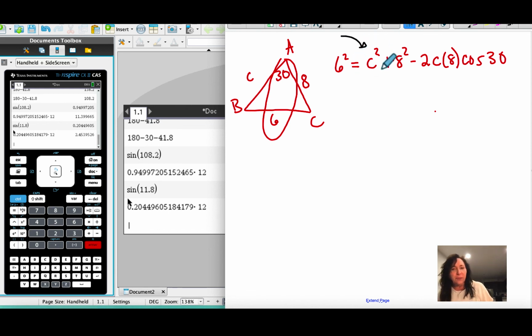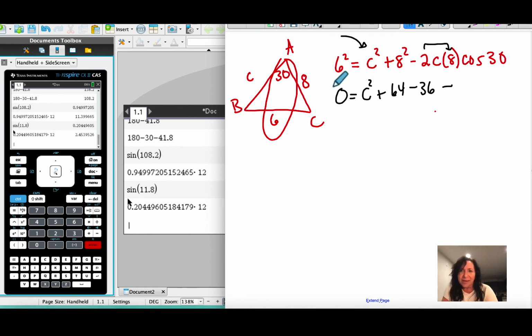When you have a c squared, that means it's quadratic, which means you need to set the equation equal to 0. So I'm going to move the 6 squared over. So I've got c squared plus 8 squared, which is 64, then minus 36, and then minus 2 times 8, which is 16, times cosine of 30.